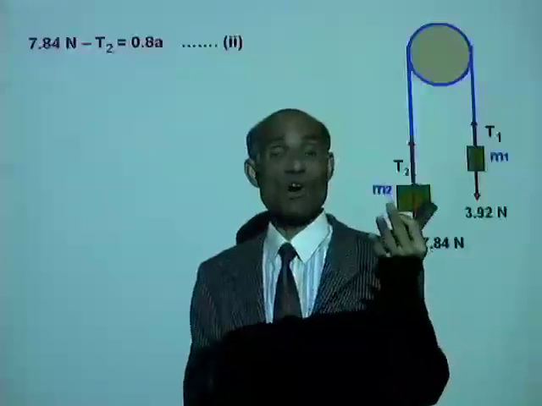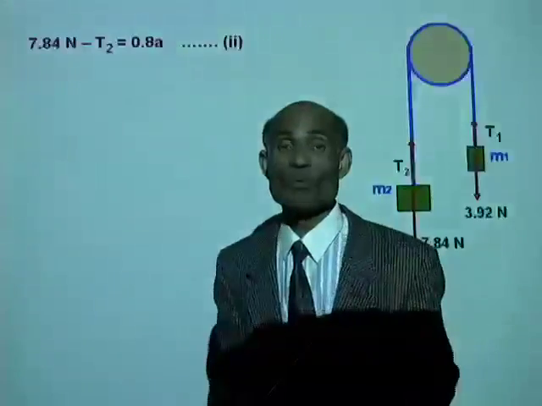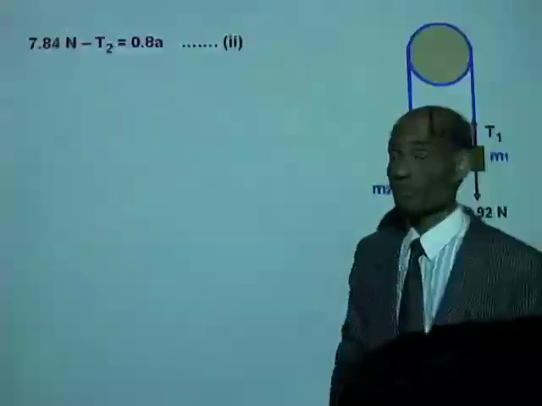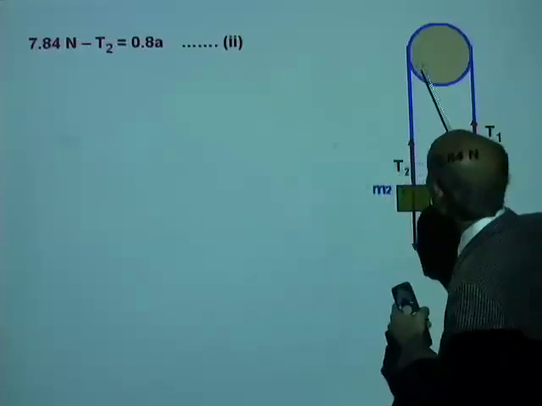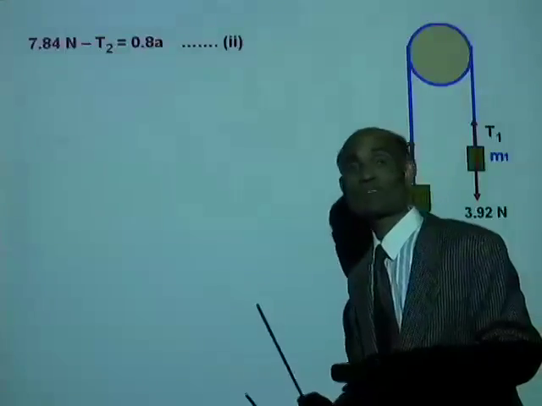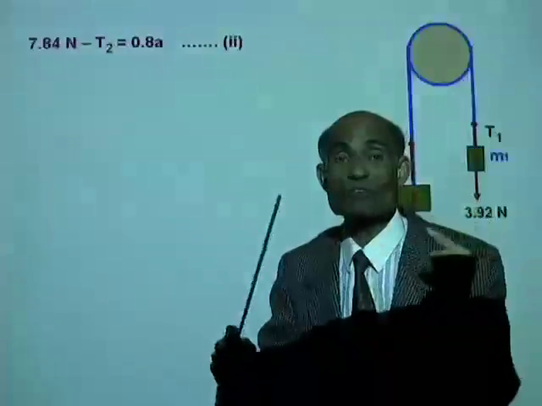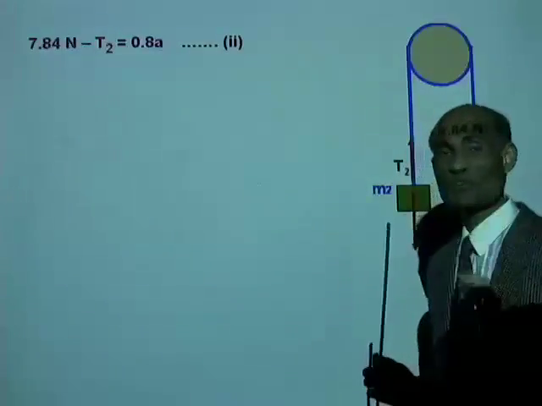We cannot solve these equations. We need to get a third equation. Where is the third equation going to come from? It's going to come from the rotation of the pulley. Alright, can you tell me, what is the net torque that rotates the pulley? The net torque.